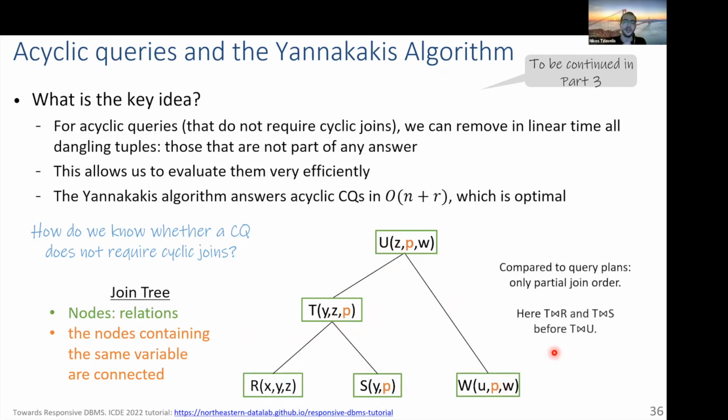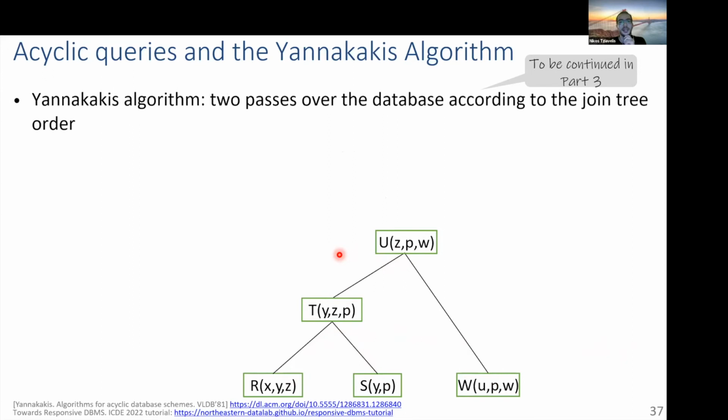If you compare now the join tree to a standard query plan that the database uses, basically the join tree only gives a partial order for the joins. It only tells us that, for example, here we have to do TR or TS before we do T join U. So the Yannakakis algorithm uses the join tree to do 2 passes over the database, one bottom up and one top down.